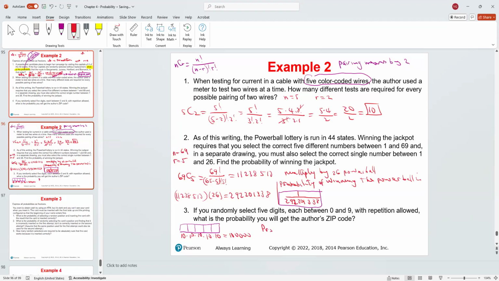What is the probability of doing it on the first try? It's 1 out of 100,000. So that makes this very simple to do. That gives you 0.0001. That's very slim, the probability of randomly selecting the 5 digits for the zip code of the author without knowing it. I need to add without knowing it, because some people might know it, but you don't.